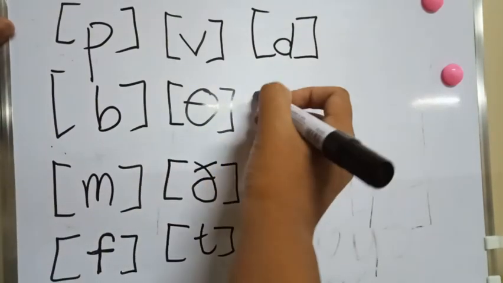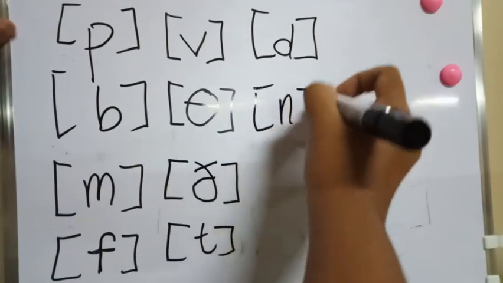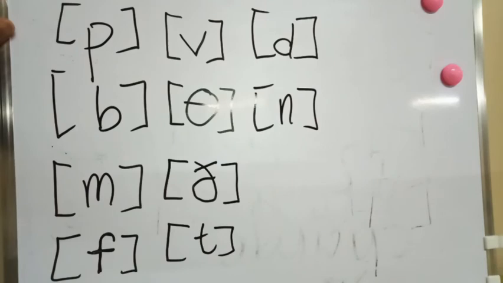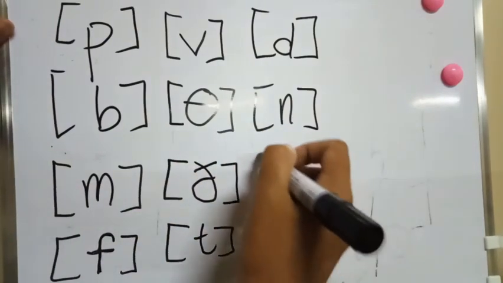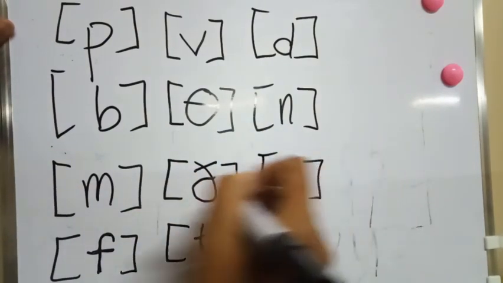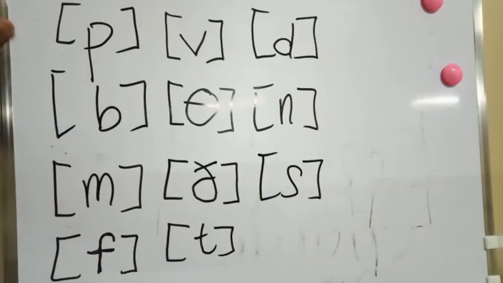Then we have this symbol, n, as in when you say nine, vain, untidy. Then you have this symbol, s, when you say sapatos, sick, reads, assess.